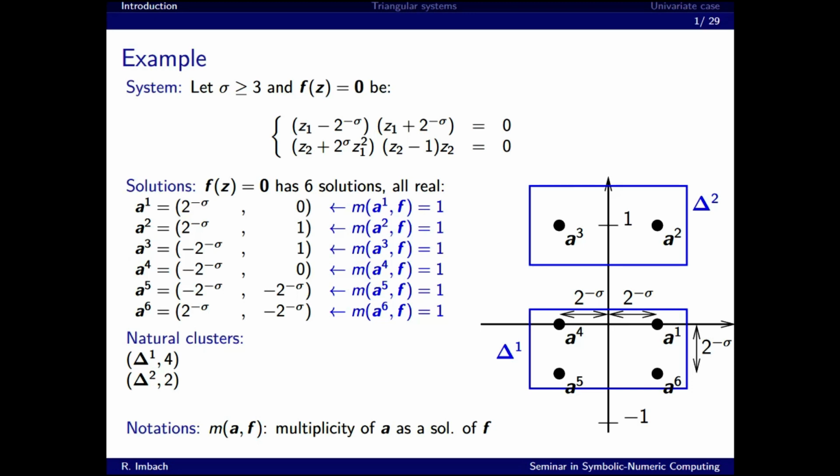This one is at minus 2 to the minus sigma, 0. So when sigma grows, those two solutions are closer and closer, and the same for these ones. You could replace 2 to the sigma with some other number. Yeah, it's just to show that we can obtain very close roots with just this simple parameter.